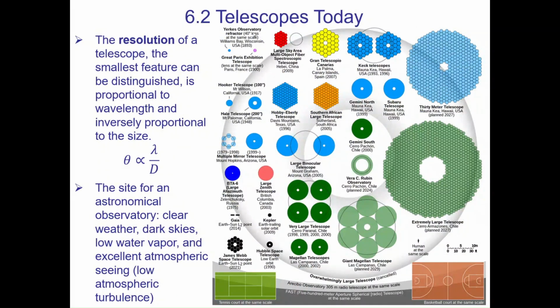Now let's look at what the telescope today looks like. And let's look at the most important function of the telescope. Remember, we use a telescope to focus the light to form an image. The most important function of the telescope is that we want to see more details. If you only see a blob of light, you cannot tell if it's a star or a galaxy.